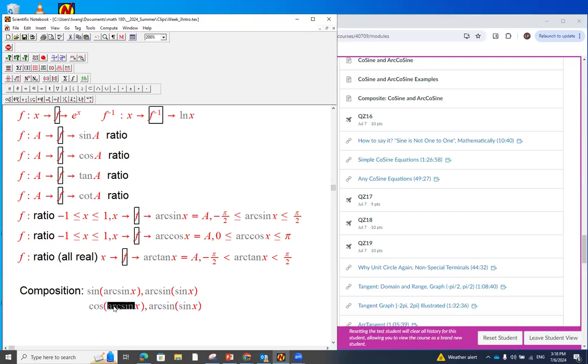We have been studying these things, and the tangents.